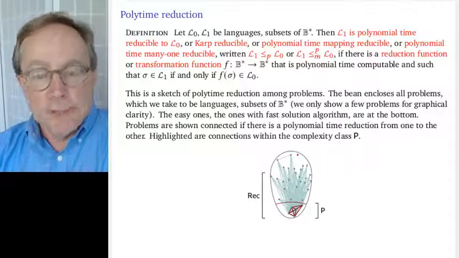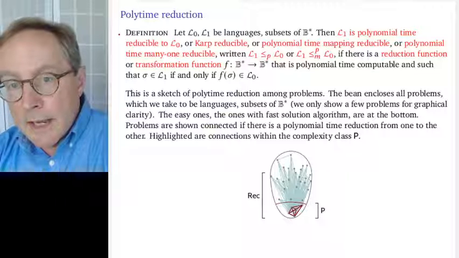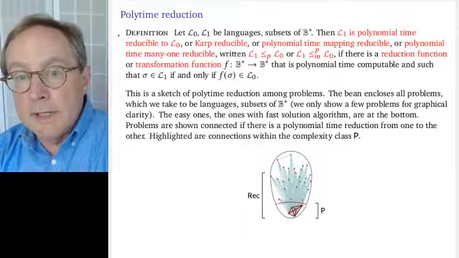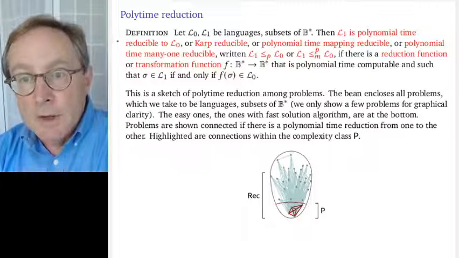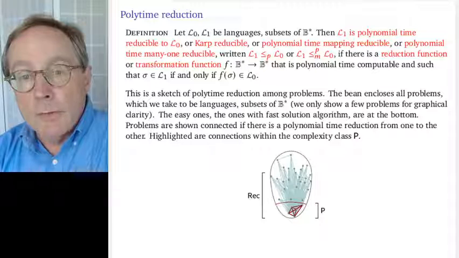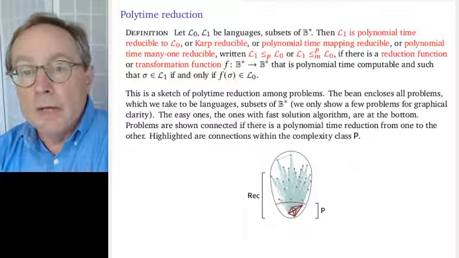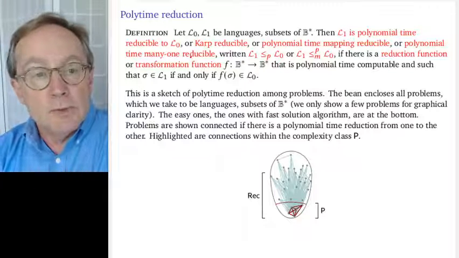All right, so ready for the definition. Take L0 and L1 to be languages, and we're interested, of course, in language decision problems. Then L1 is polytime reducible to L0. You hear the phrases Karp reducible, polynomial time mapping reducible, polynomial time many-one reducible.